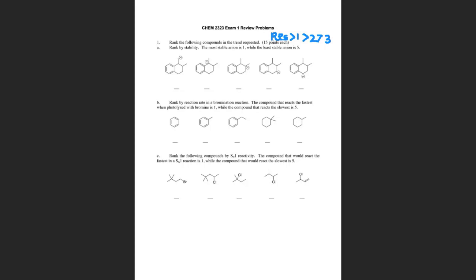So if you look at the first molecule, it is a primary carbon. The second molecule is a tertiary, with resonance though. The third molecule is just a tertiary by itself.